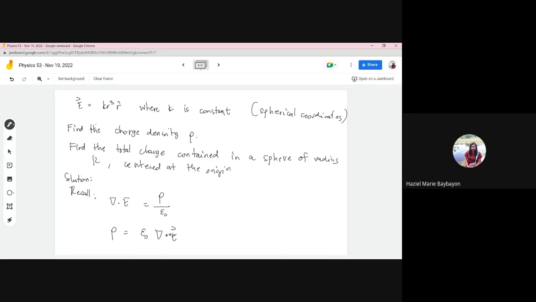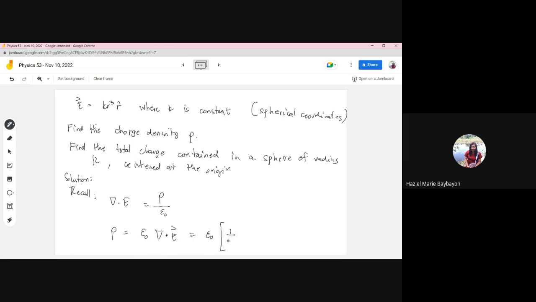Okay, since this is in spherical coordinates, what is the divergence of the electric field? Your electric field is along the radial direction, so it has a radial component only. So what is the divergence of the electric field? Let me write the divergence in spherical coordinates.